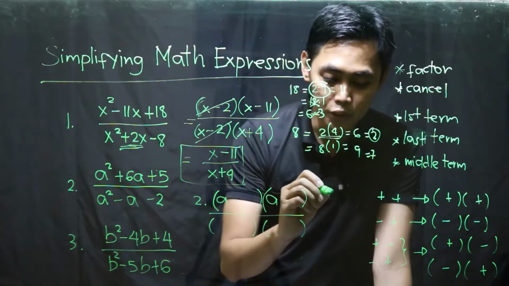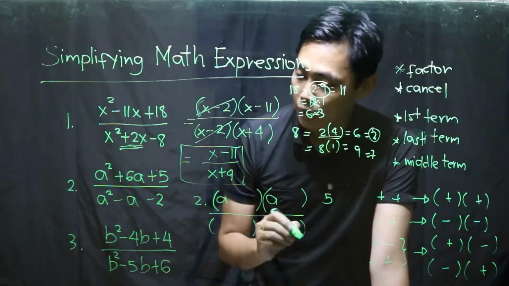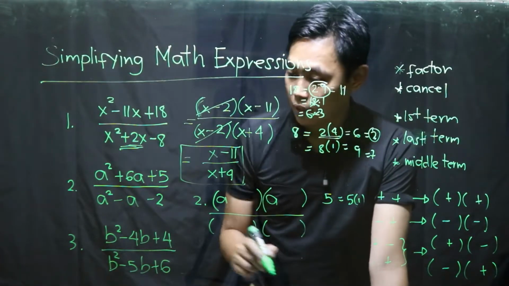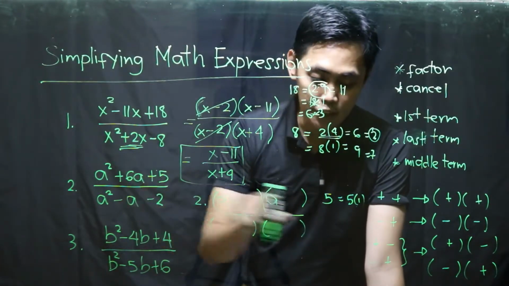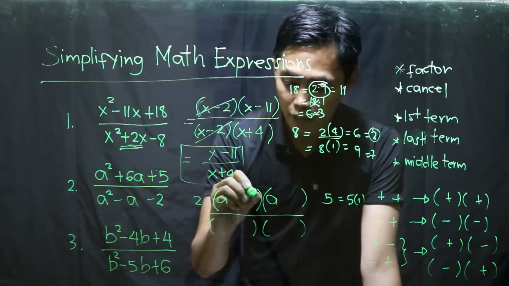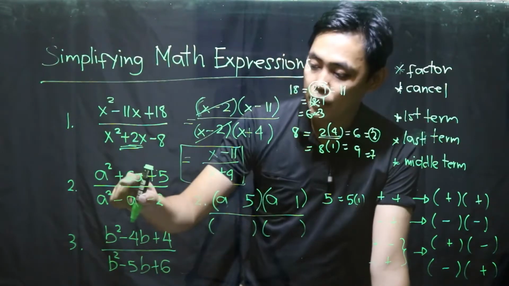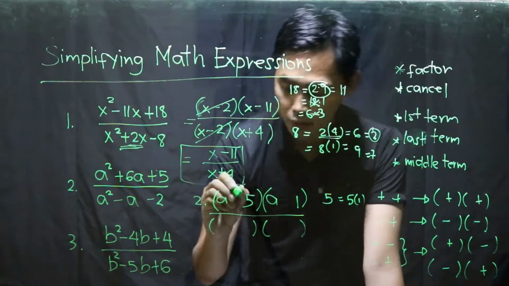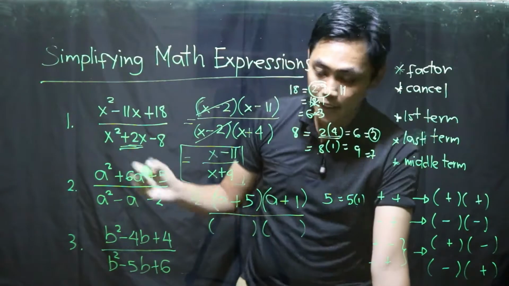What are the factors of 5? 5 times 1. Our middle term is 6. 5 plus 1 is 6, so it matches. We have 5 here and 1 here. Look at the signs: plus, plus. And that's it.